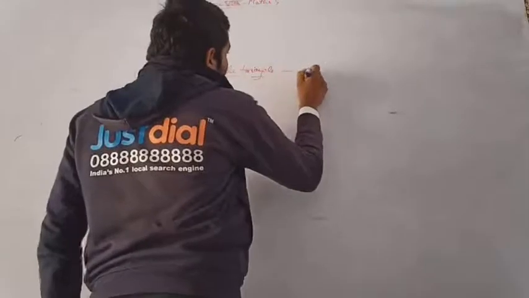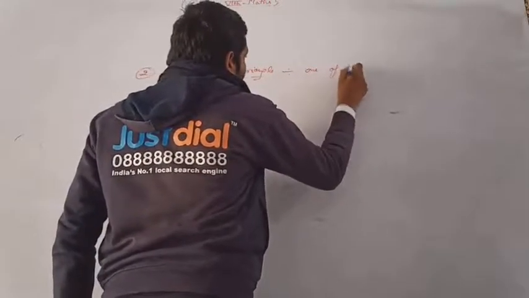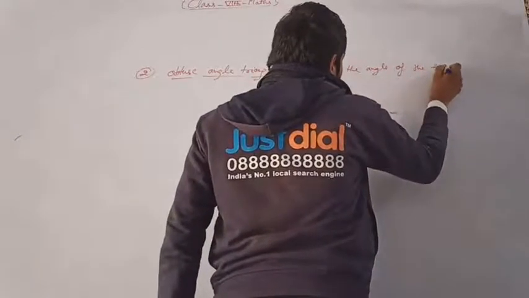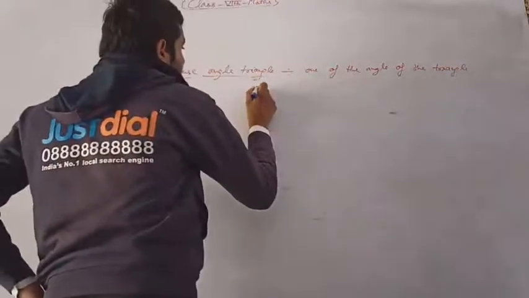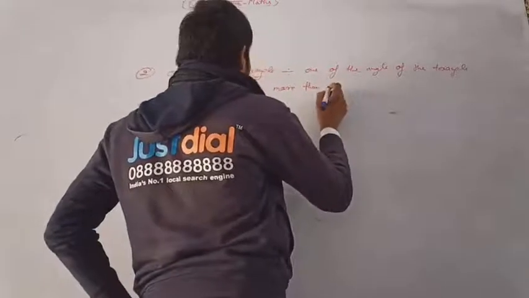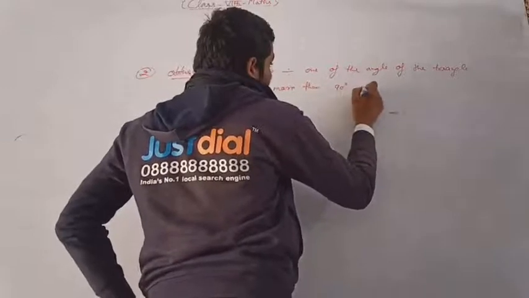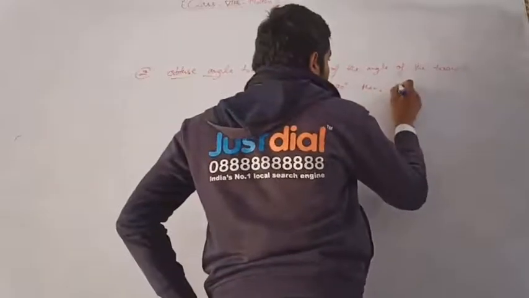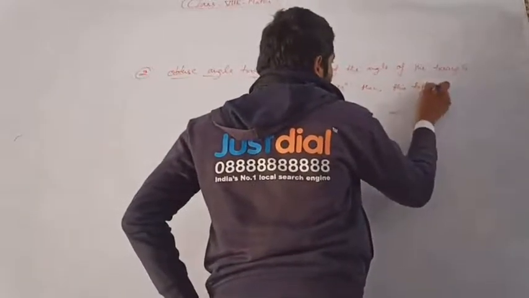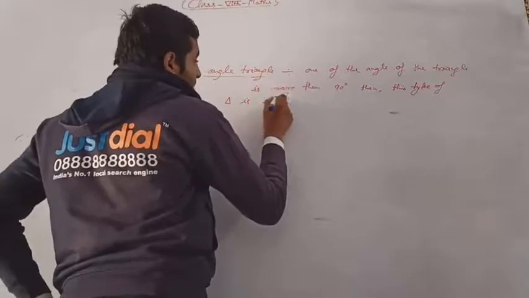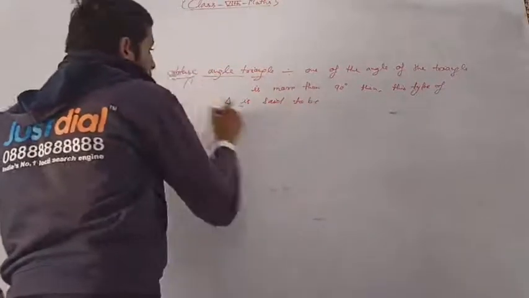What is an obtuse angle triangle? In an obtuse angle triangle, one of the angles of the triangle is more than 90 degrees, then this type of triangle is known as, is said to be, an obtuse angle triangle.